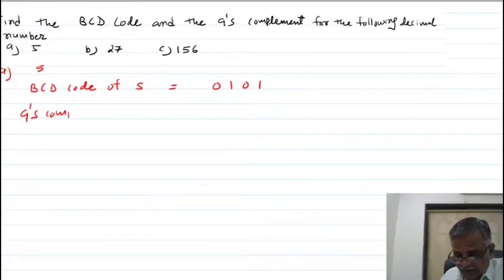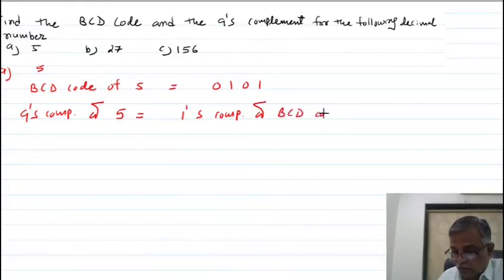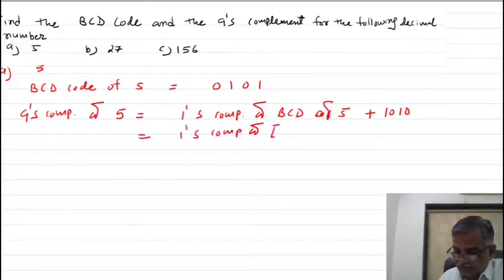The 9's complement of decimal number 5 is nothing but the first complement, you remember, the first complement of the BCD code of 5, and add 1010. So I am writing the first complement of the BCD code of this and I am adding to this.